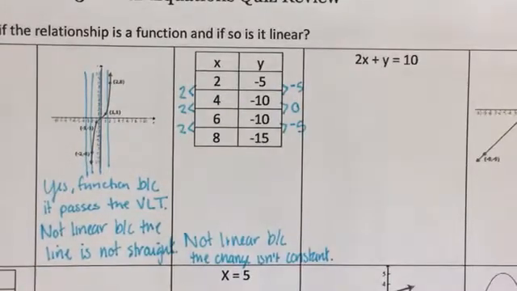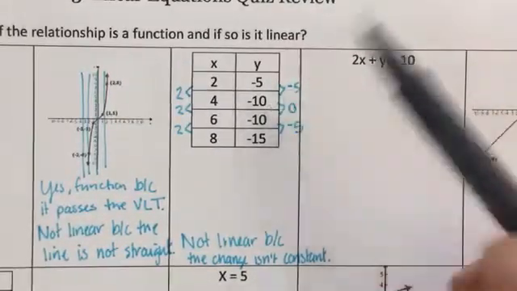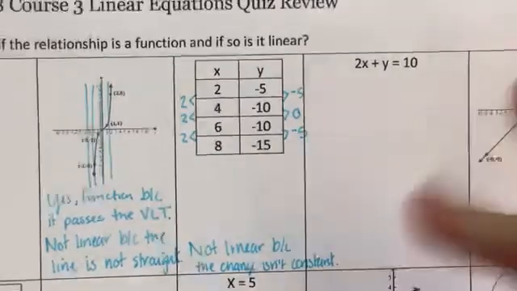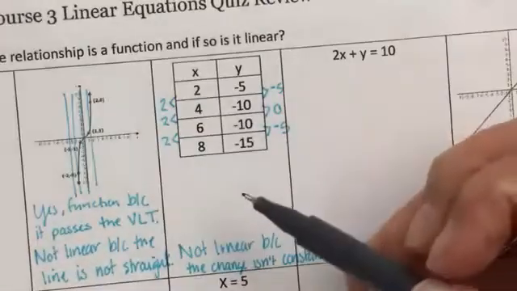Now, the other question comes back, well, we know it's not linear, but is it a function? Yeah. And it is. Every input has an output. And even though the outputs are the same for 4 and 6, that's okay. As long as 4 didn't have 2 different y's, that's where we can't have it.